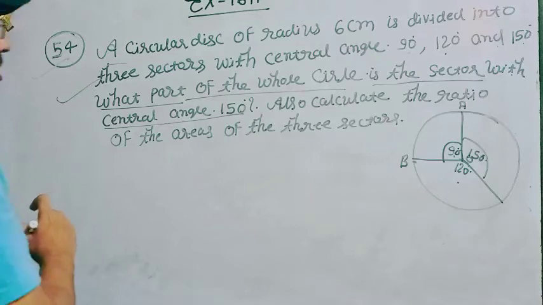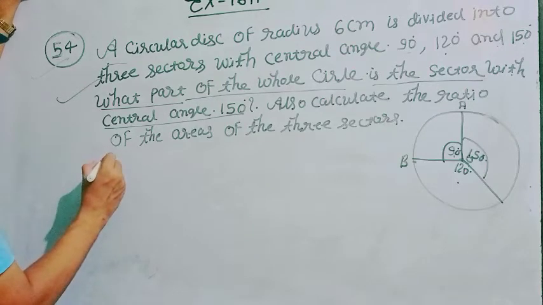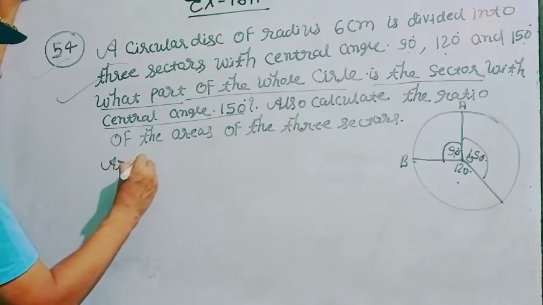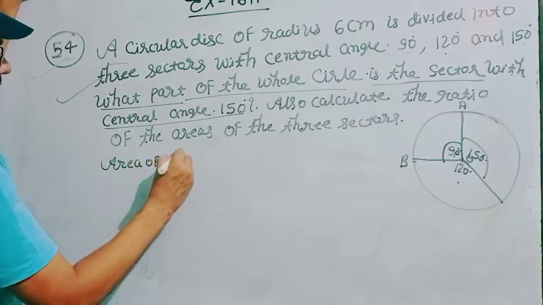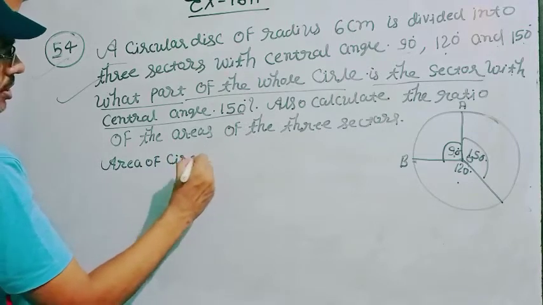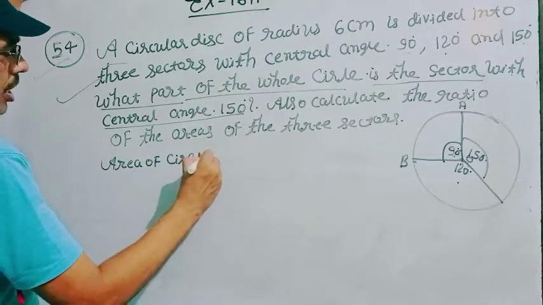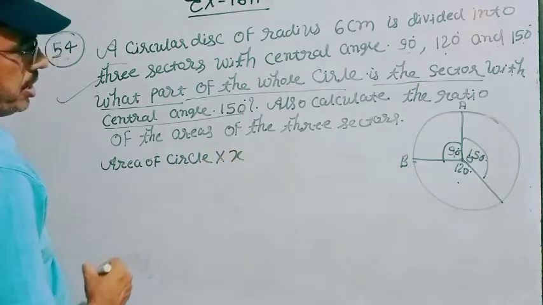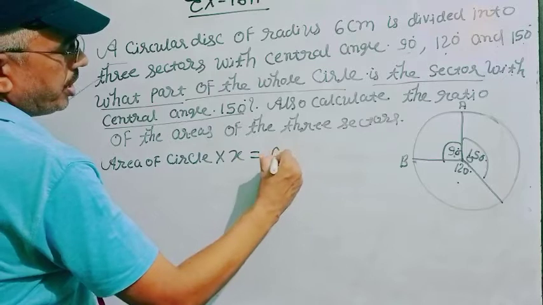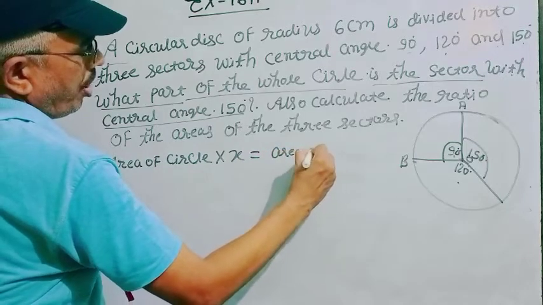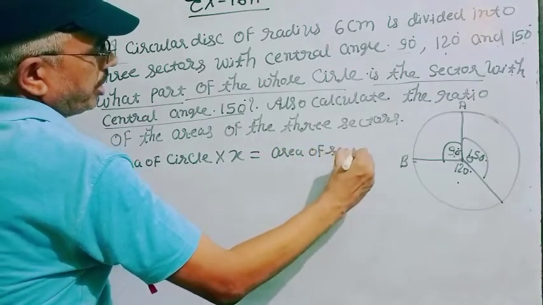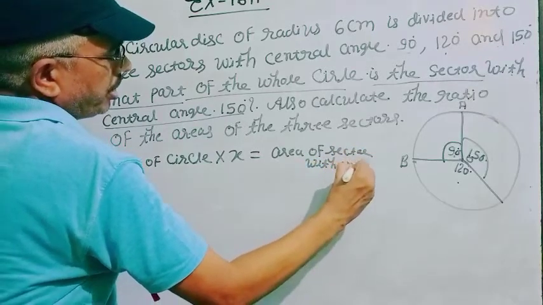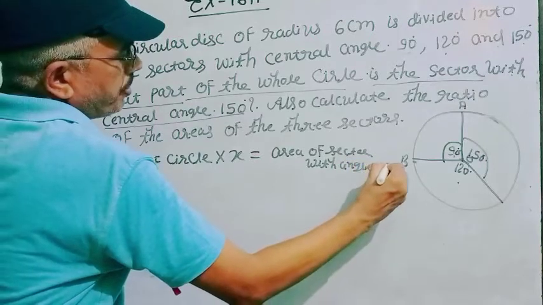Your question is that the area of the circle is what part, and suppose the part is x, is equal to the area of the sector with angle 150 degree.